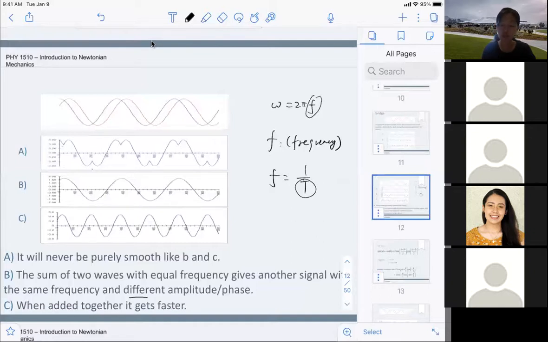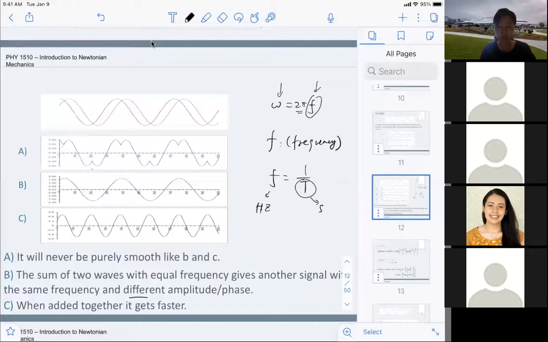So if it is 100, then f would be 100. When T is in seconds, 1 over second, we give f a unit, the hertz. So when we say frequency, you can refer either to omega or to f. It's not really all that different because they are only related by a constant of 2 pi. Each of these reasonings kind of makes sense, right?